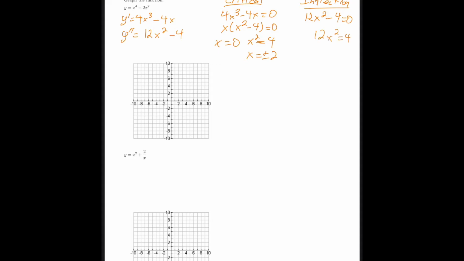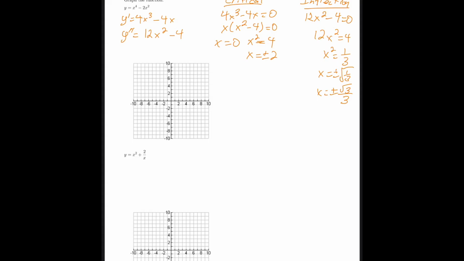Then we can do the same thing for inflection points. We've got 12x squared minus 4 equals 0, so 12x squared equals 4, so x squared equals 1/3. So x equals plus or minus the square root of 1/3, which is plus or minus root 3 over 3.